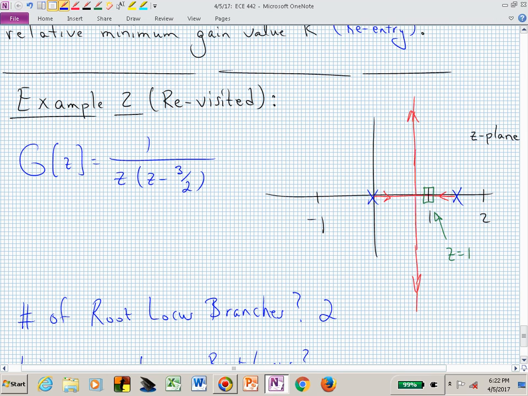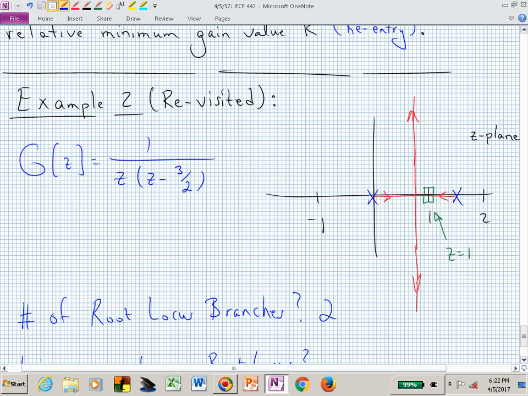How many root locus branches do you have in this example? How many open loop poles do we have? 2. How many root locus branches do we have? 2. So now the 2 are, one's going right, one's going left. Where will they meet? When we just have 2 poles, it's easy.